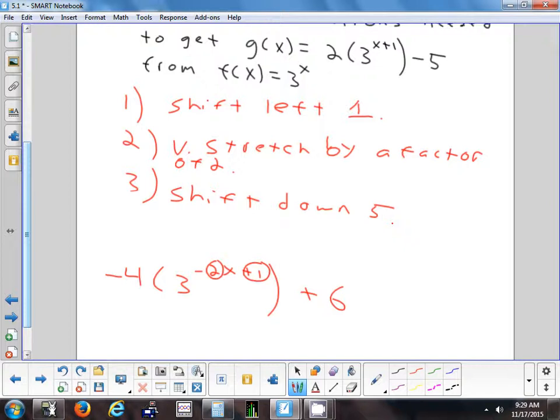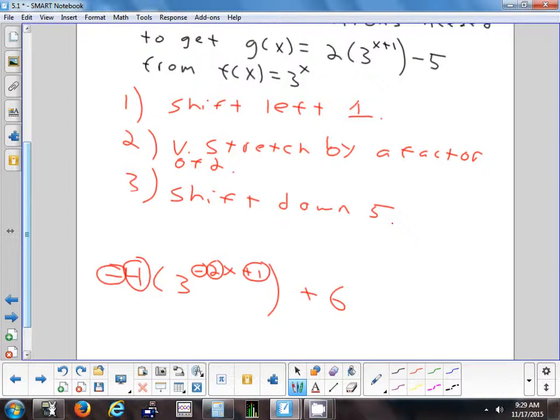Is this going to stretch or compress? Compress. Compress by a factor of 2. This is your reflection. In this case, reflecting over the y-axis. This 4 is your vertical stretch. This is another reflection, in this case over the x-axis. And the plus 6, that's a shift up 6.